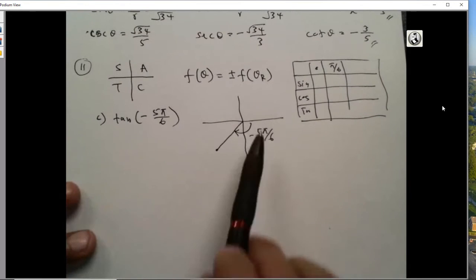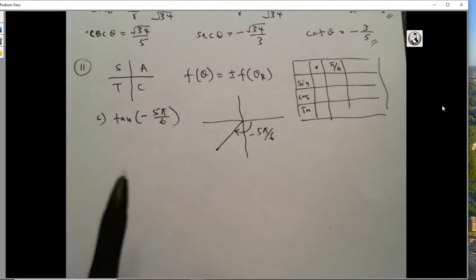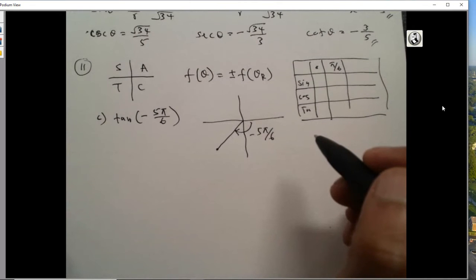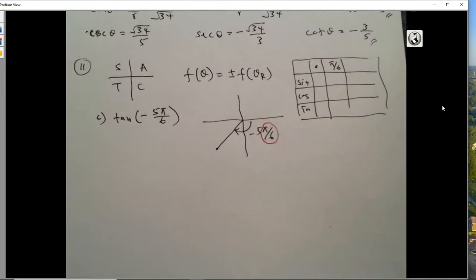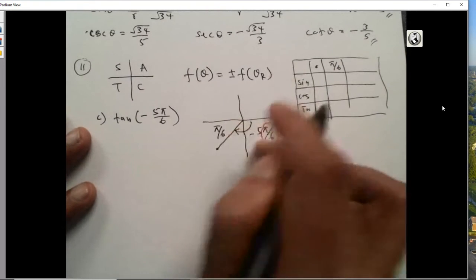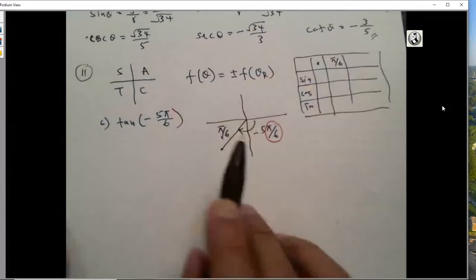How much more do you need to get a straight angle? How much is missing? 30 degrees. Just this part is missing. Pi over 6. If you add these two, you get the full line, right? So that's the reference angle.